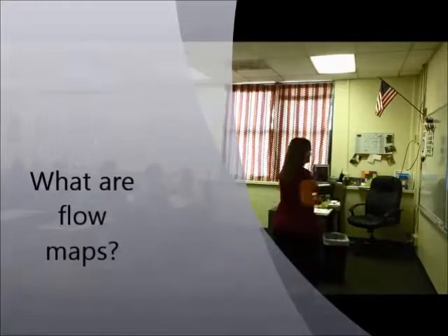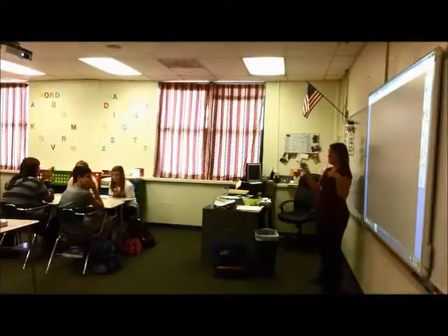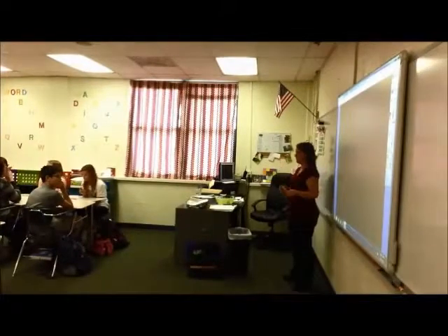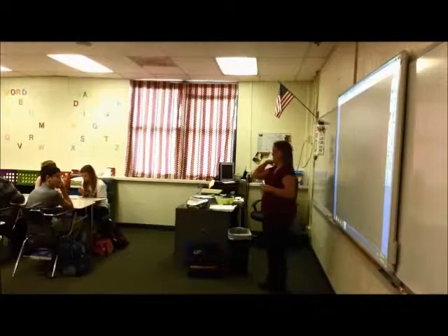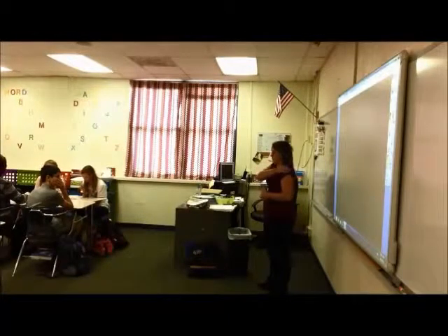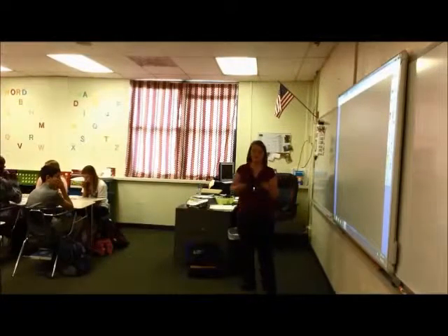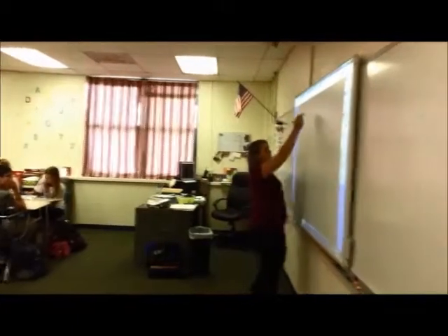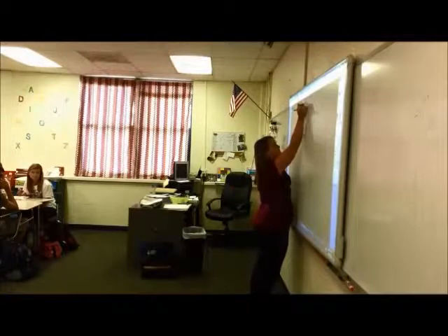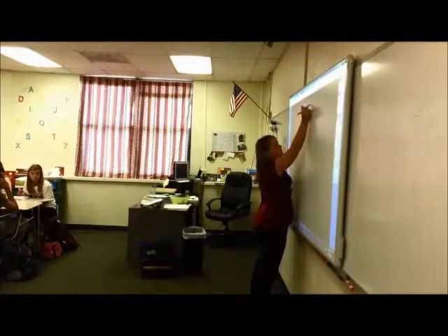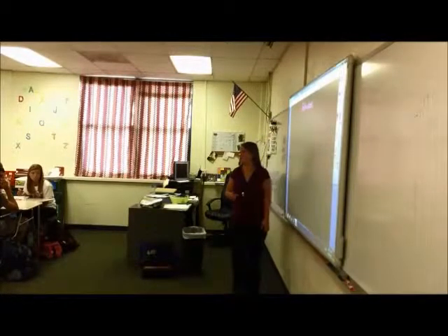So I'm going to give you just a brief example of what it might look like with a real life type of explanation, but then you're going to apply that to the factoring that we learned before break. Okay? So for example, you go to Fuddruckers. Now I'm going to make you want Fuddruckers.